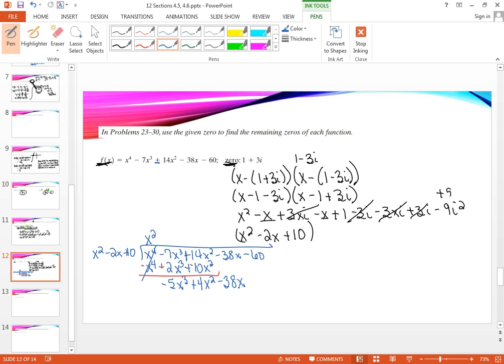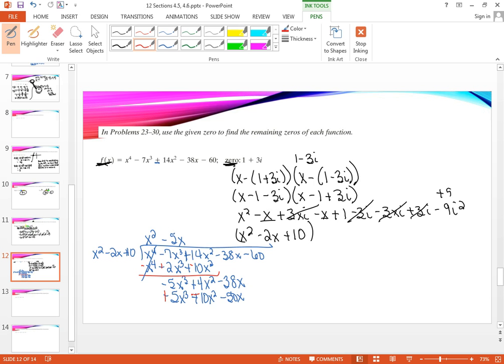Okay. X squared into minus 5x to the third goes minus 5x times. What do you multiply x squared by to get negative 5x to the third? Negative 5x. Okay, multiply. You get negative 5x to the third plus 10x squared minus 50x.